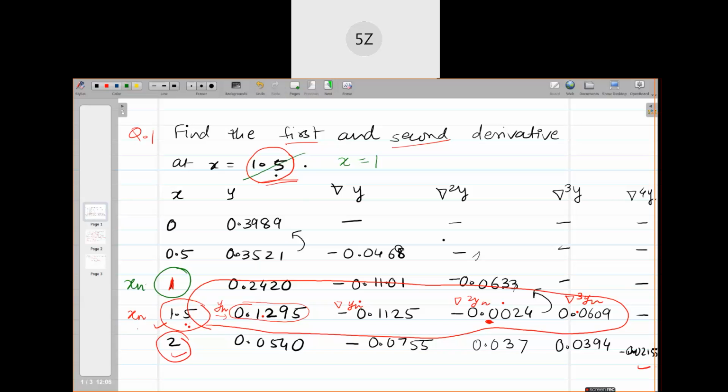Set xn equal to 1 and consider these corresponding differences. So your formula will go only up to del square y. Is that clear? Yes, ma'am.